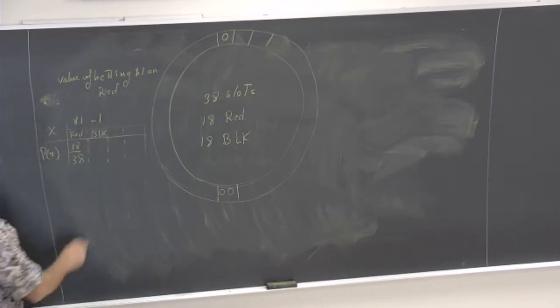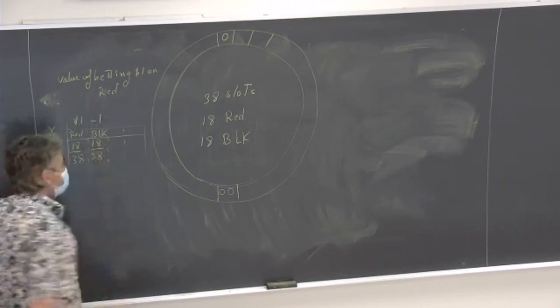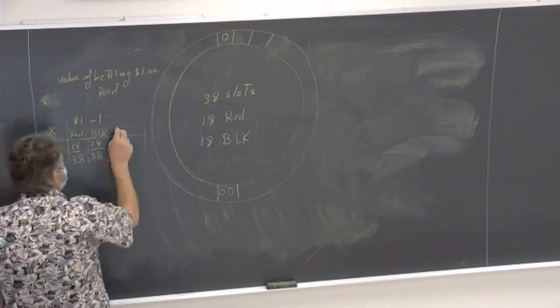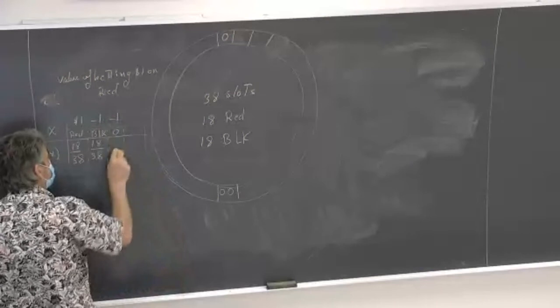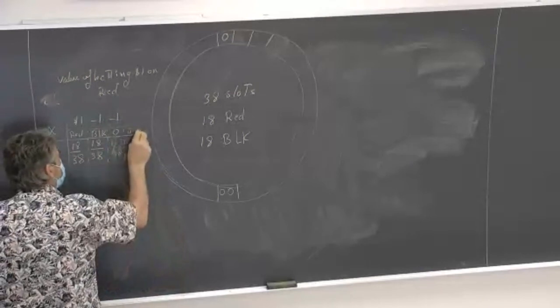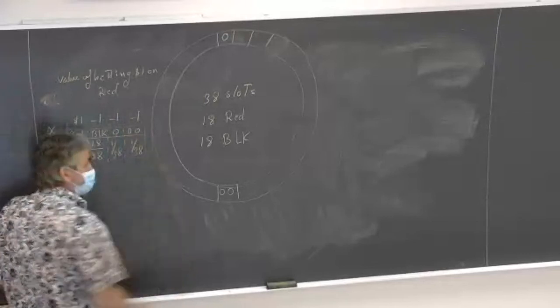And the probability of that is 18 over 38. Yeah? Or it could land on the 0. You lose $1. That's 1 over 38. Or it could land on a double 0. You lose $1. It's 1 over 38.